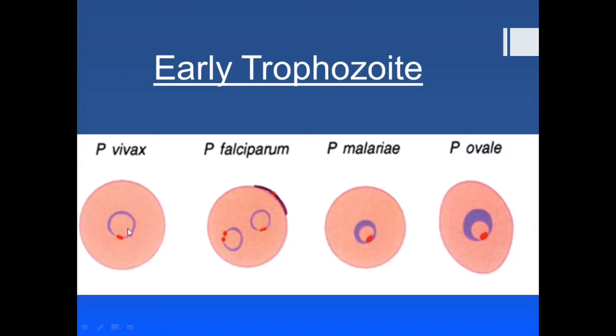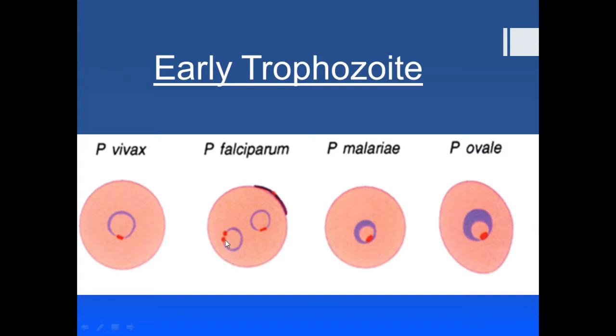And the other thing is that in Vivax, malariae and ovale, this ring will be 1/3 of the diameter of the RBC, whereas in Plasmodium falciparum it is smaller and measures about 1/5 of the diameter of the RBC. So it is a smaller ring.